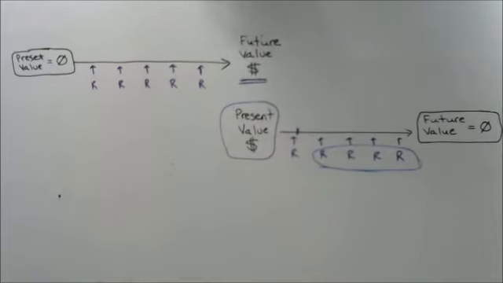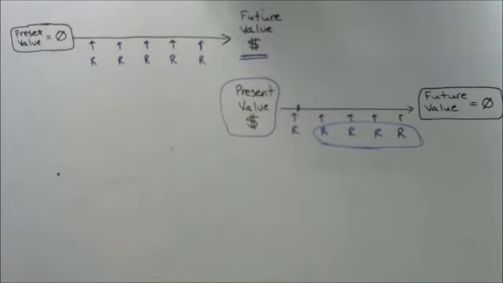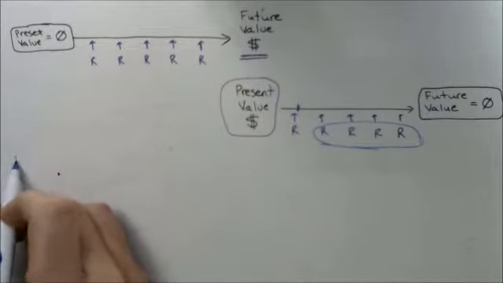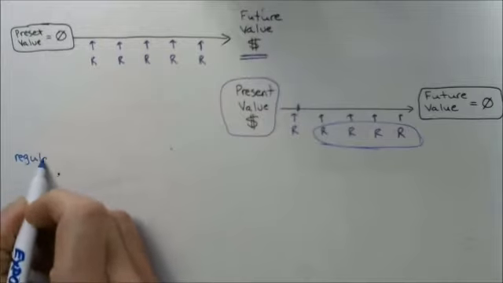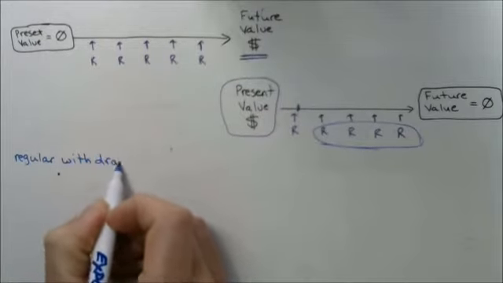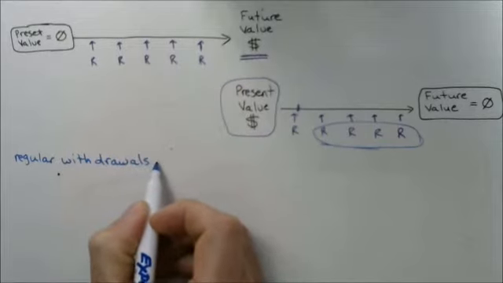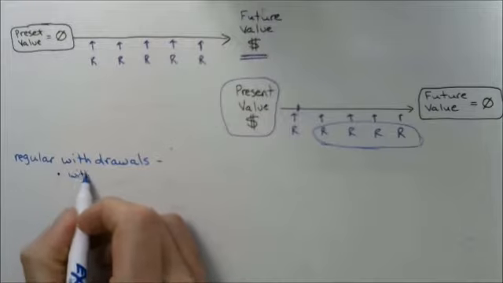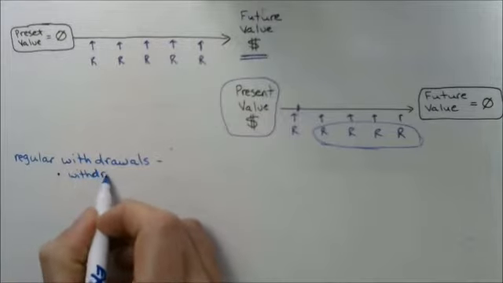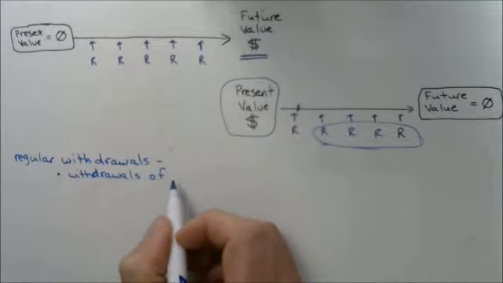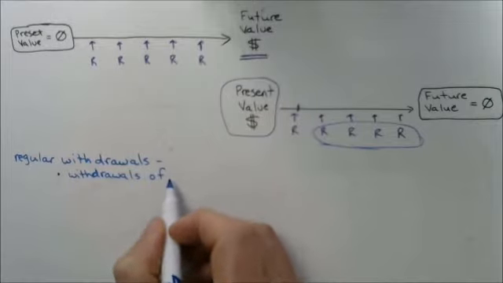Okay, so before we do that, we're going to dig in just with a few definitions. Okay, so this time we're going to be talking about regular withdrawals. These are withdrawals of equal value drawn at equal periods.